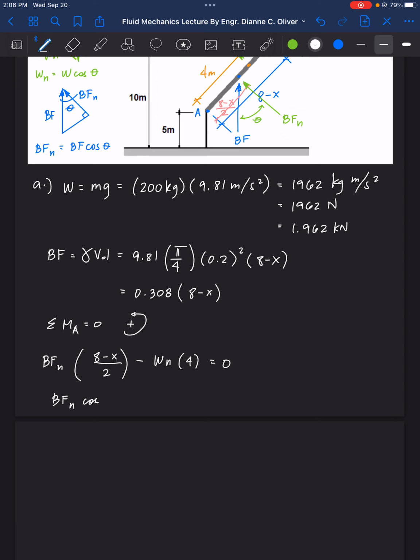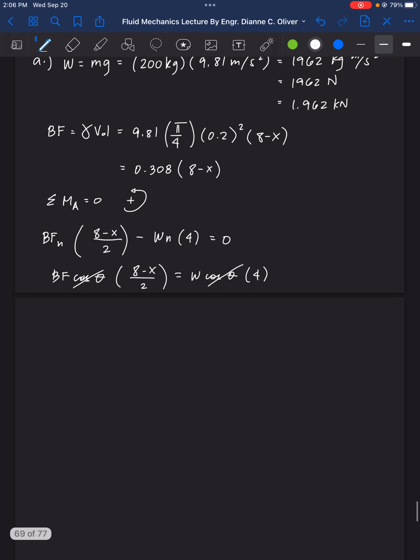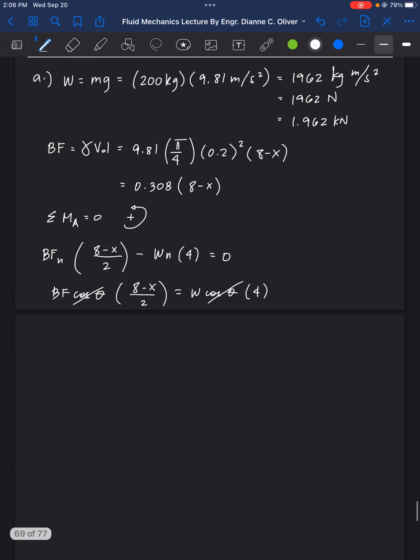So the buoyant force is BF cosine theta times 8 minus x over 2, minus Wn, which is W cosine theta times 4, equals 0. So we can cancel out cosine theta. Then what's left here is BF.